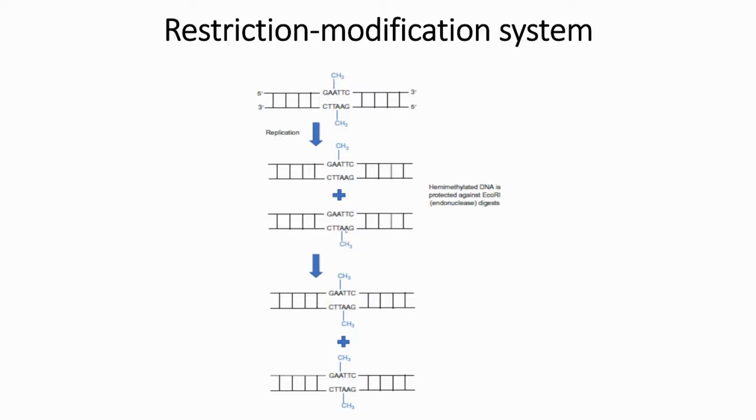When they are methylated, the enzyme will not be able to attack this methylated DNA. Even after replication, initially you have this hybrid, one methylated, one unmethylated. We call it hemi-methylated. Even hemi-methylated DNA still protects the DNA molecule from the enzyme attack. So we call this a restriction modification system.